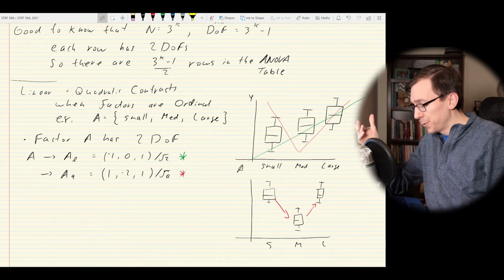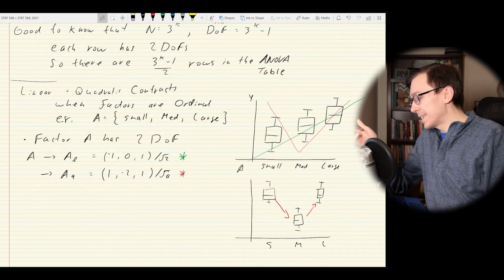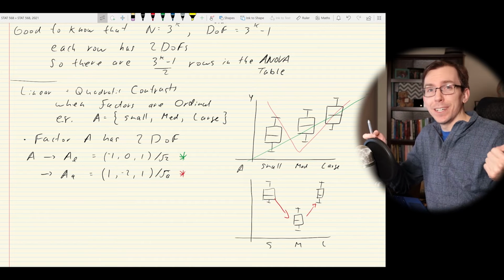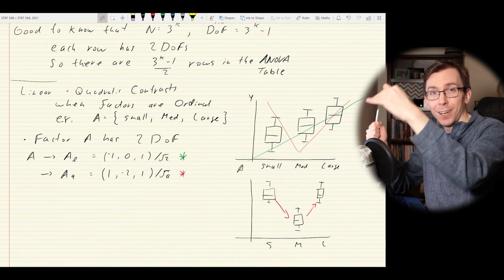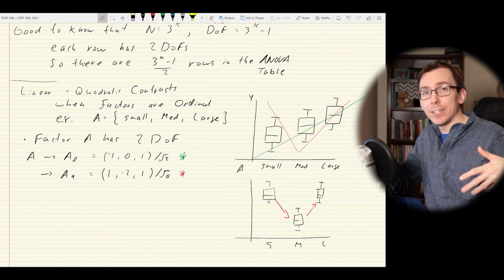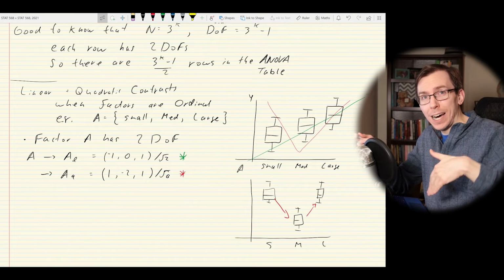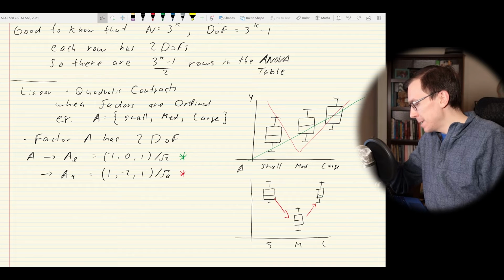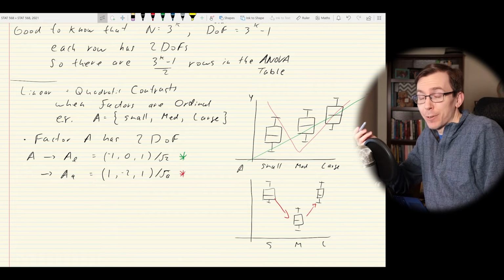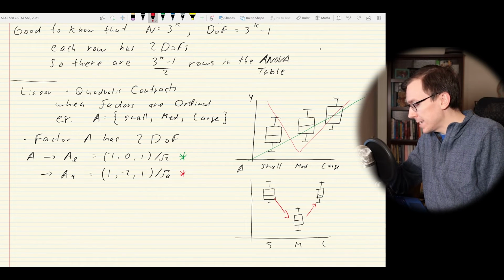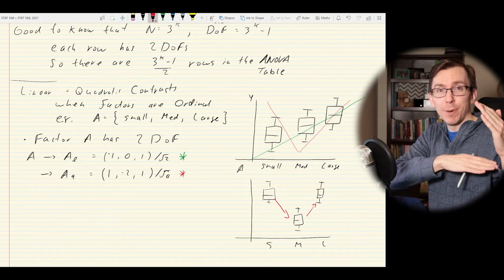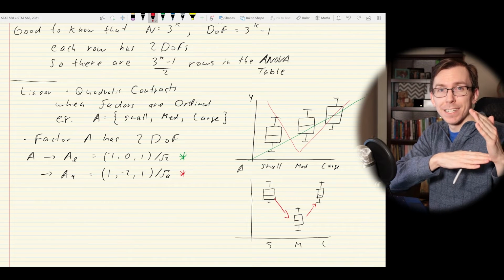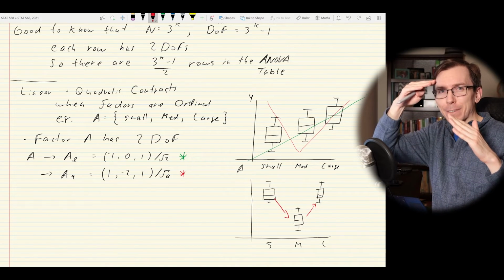They're actually quite useful, because you can use them to say, as my dosage of whatever drug I'm administering goes from small to medium to large, I'm seeing a linear growth or drop in my response. Similarly, maybe less frequently but still very commonly, you might see this V shape, or an upside-down V. If I give a small dose, I see a low response. If I give a medium dose, I see a high response.